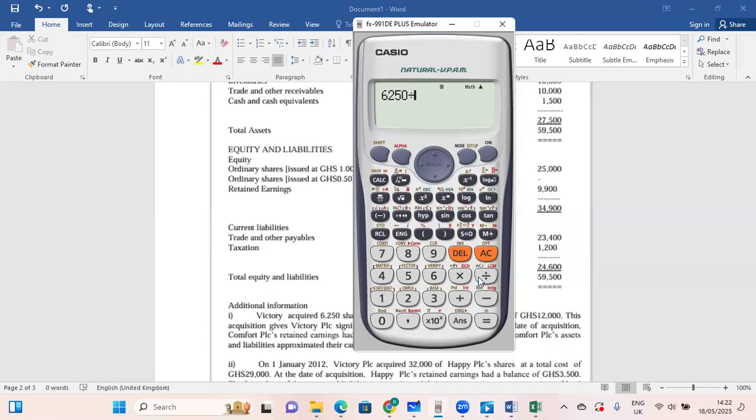So 6,250 divided by 25,000 times 100. It is 25%.